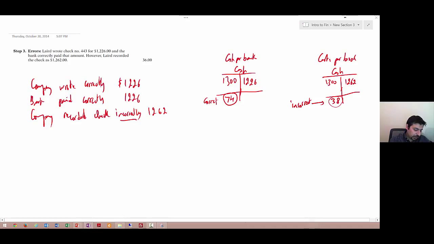As a result, we have $38 plus the adjustment should be equal to 74. So the adjustment is equal to 74 minus 38, which is equal to 36. And this is why we added the 36 to the cash account at that point.